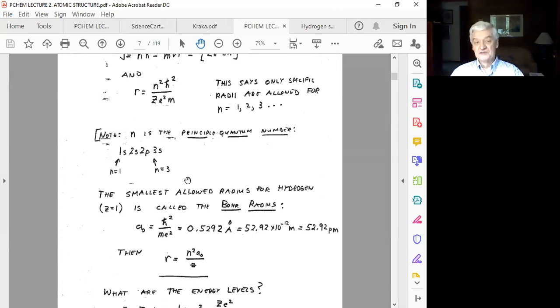Okay, so here I'm just reminding you, if you write 1s, 2s, 2p, 3s, the integer number tells us what the quantum number is. Okay, a lot of chats.